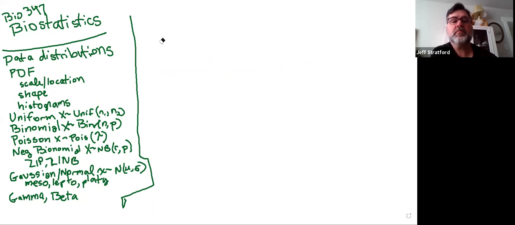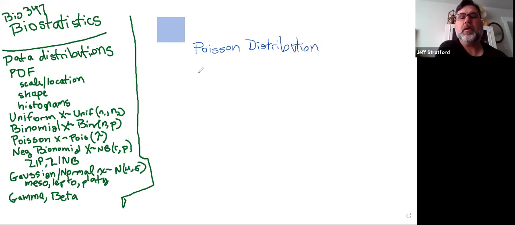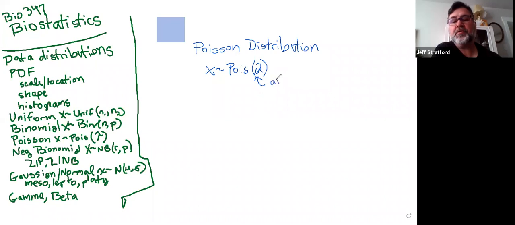The next one is the Poisson distribution. We say that X is distributed as the Poisson distribution, and you only need a single parameter, lambda, where lambda is the average count.